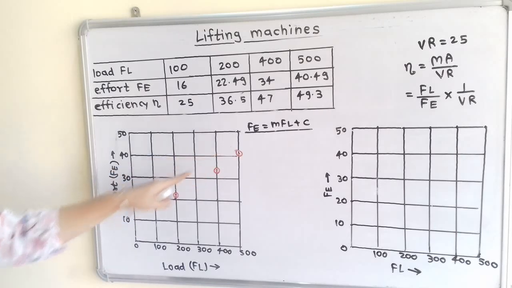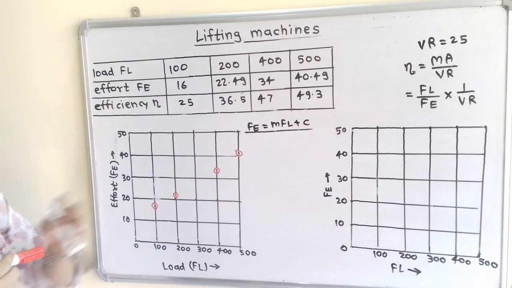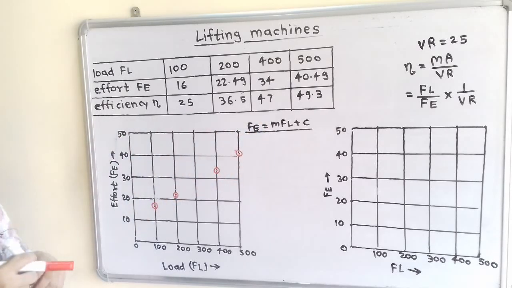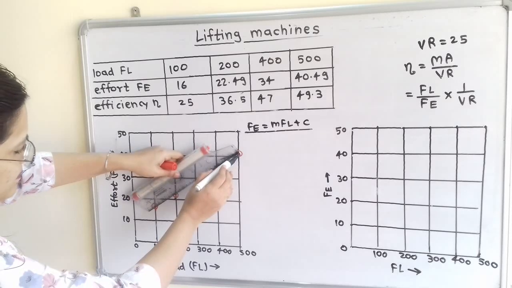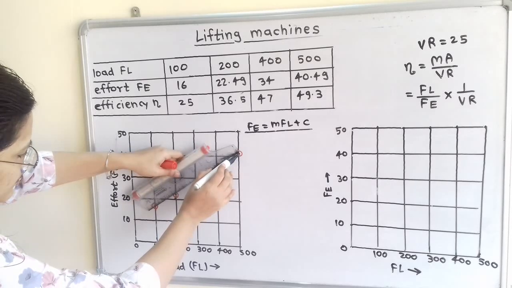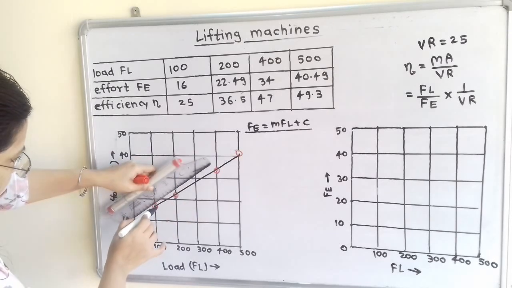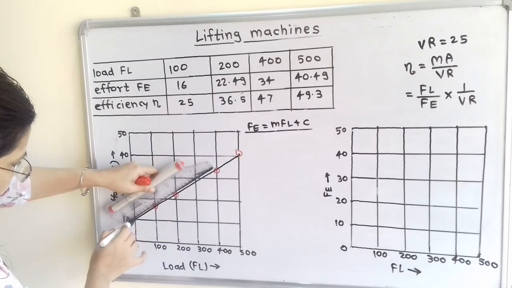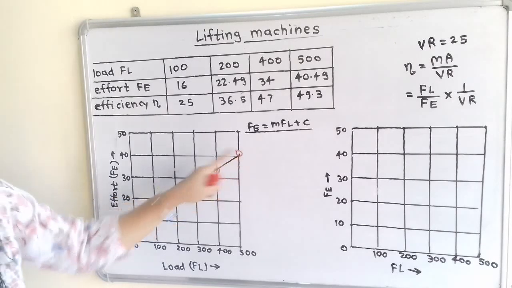Now we have to join these points with the help of a straight line, and then we will find its slope. When I attach all these points with a straight line, this is the slope for the actual machine.